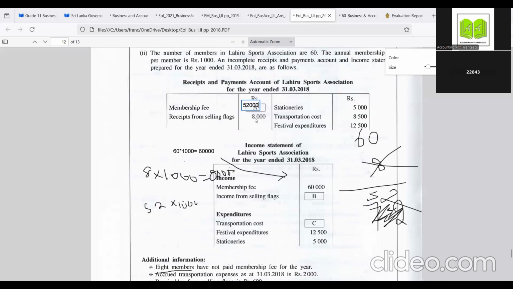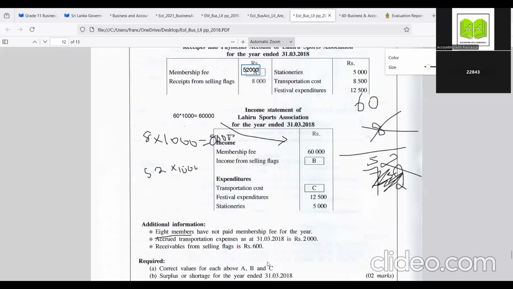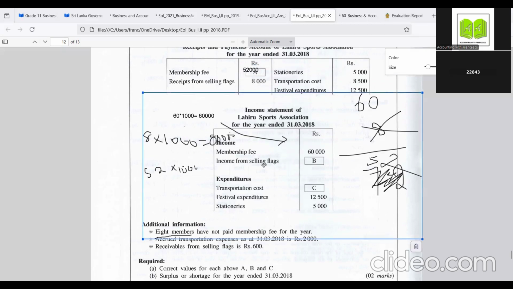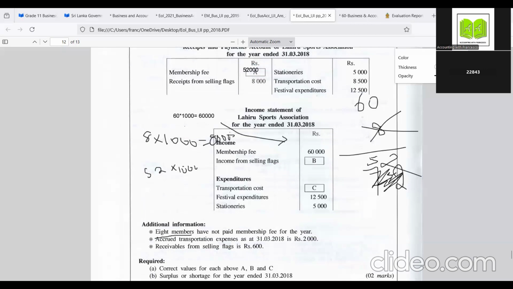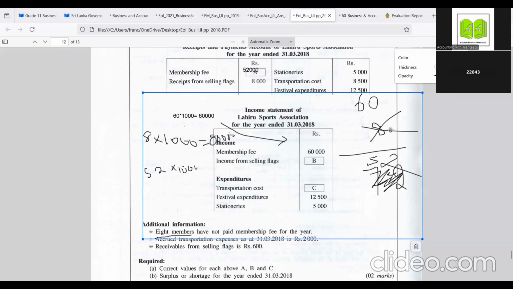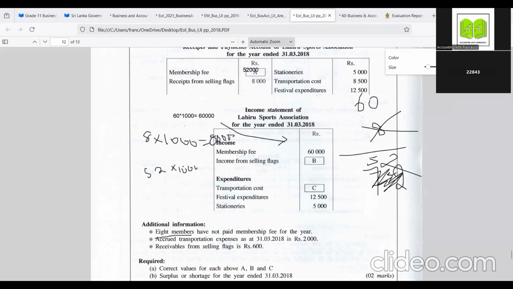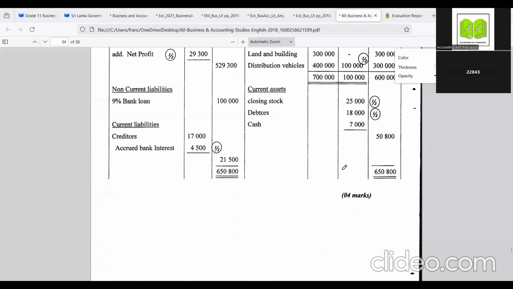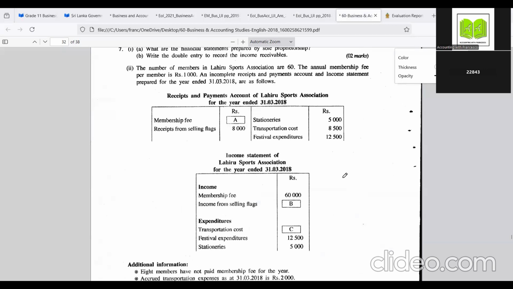Here also I have 8,000, and another 600 I need to receive. 8,000 plus or minus 600? 8,000 is in the receipts and payments. Another 600 I have to receive. Plus. So it is 8,600. I'll take you through the marking as well.